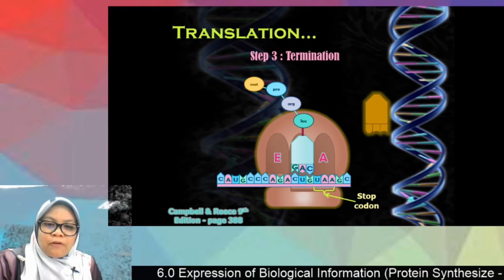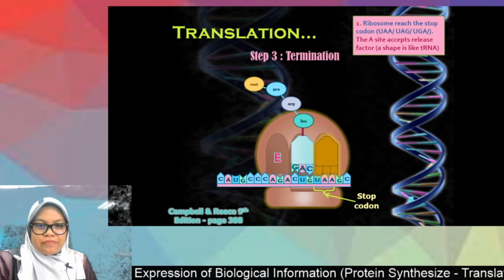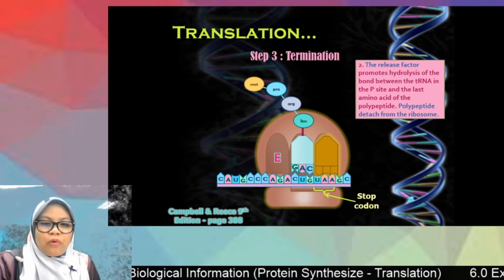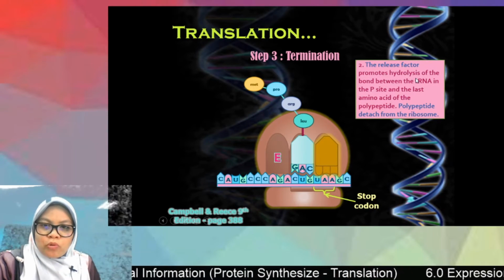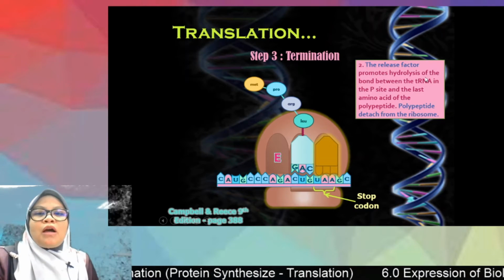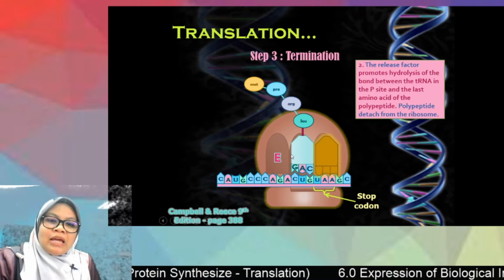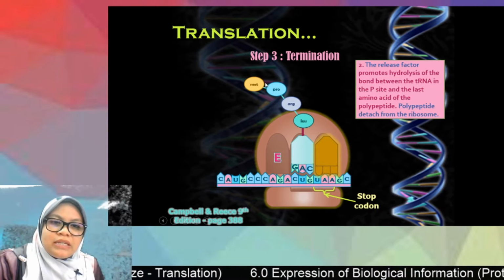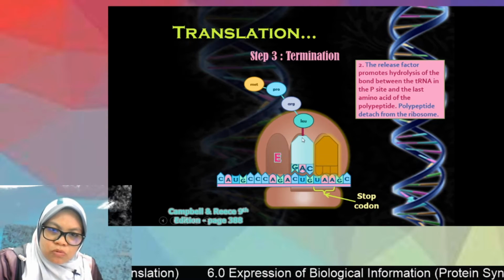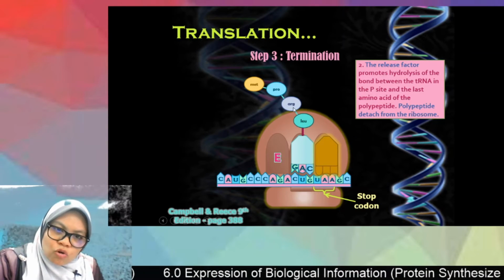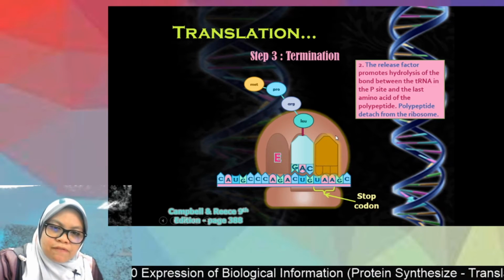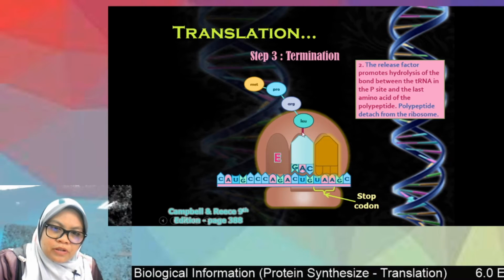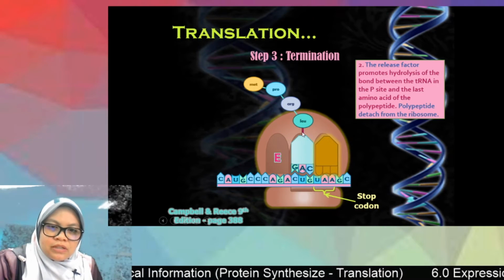So the release factor will bind to the A site. When it binds to the A site, what happens next? It will promote the hydrolysis of the bond between the tRNA at the P site and the polypeptide. Here is the bond between the tRNA and the growing polypeptide. The release factor will catalyze the hydrolysis to break and release the bond here.